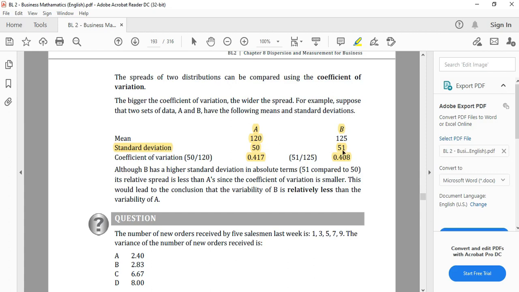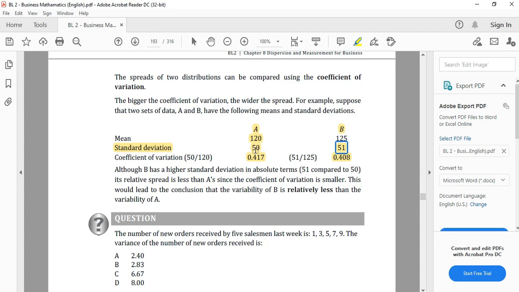But when we see it like that, there is a big difference in A's data, because of 51, saying there's a very big gap between the mean and the actual values when we consider the standard deviation. Otherwise, just by looking at 51, we can't say whether it is high or low. We have to compare it with another data set.